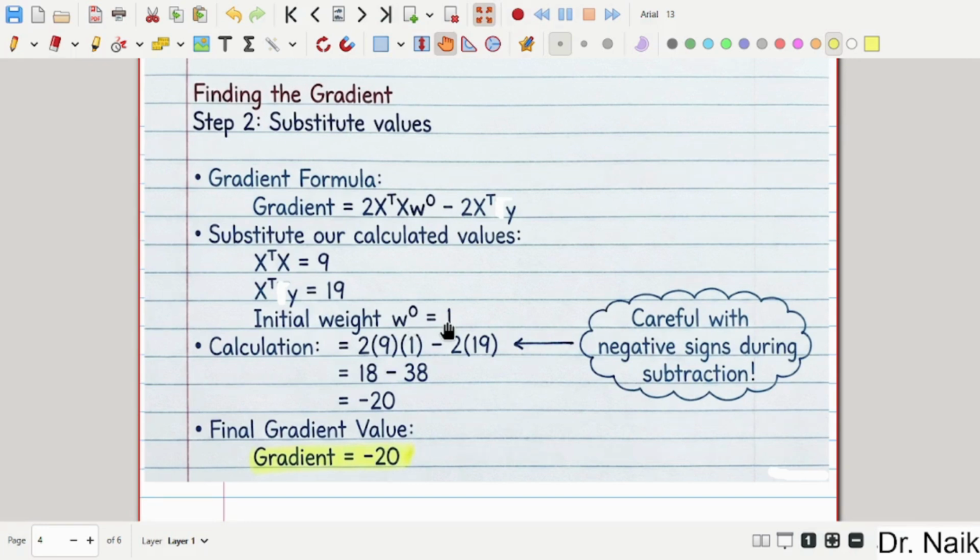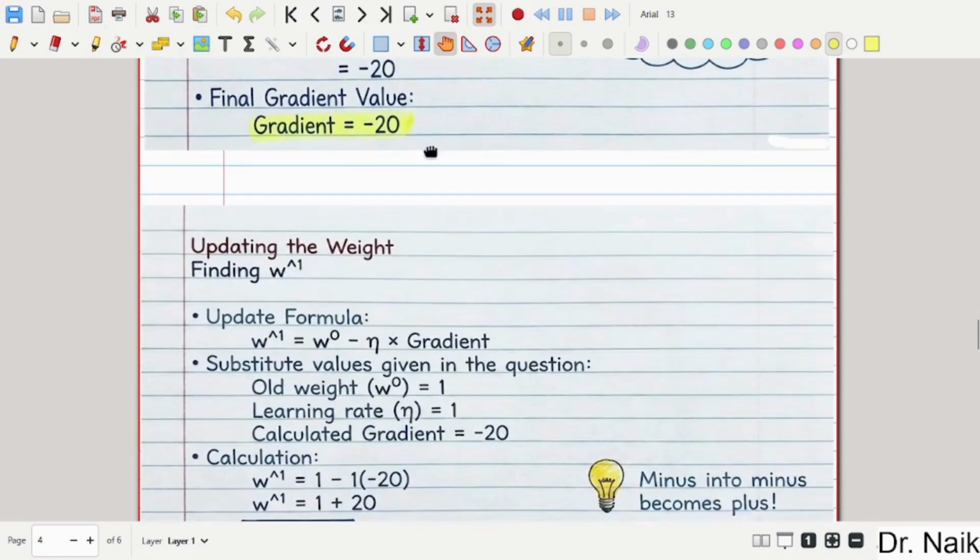So substitute the values: 2 times 9 into 1 minus 2 times 19. So 18 minus 38, that is -20. So the gradient is -20.